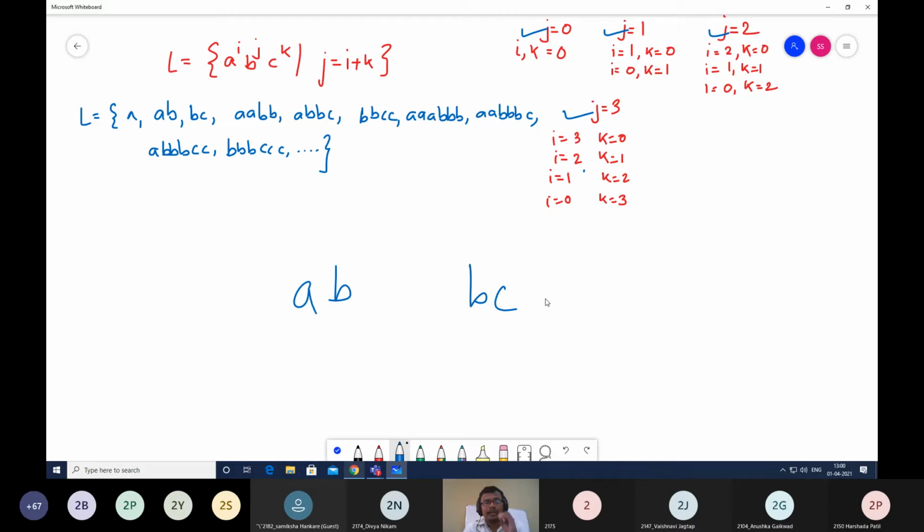If I'm adding a B in my string, then either I should add an A or I should add a C so that the total count can be balanced. We can add A also, we can add C also.